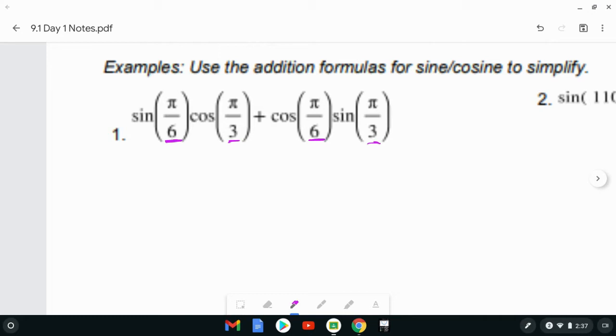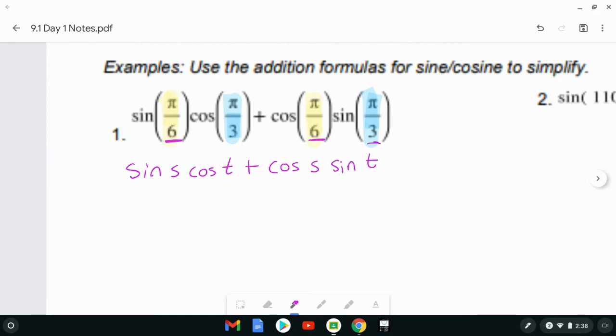However, if we notice, this angle here is equal to this angle here, and this angle here is equal to this angle here. So essentially, we have sine of s cosine of t plus cosine of s sine of t.